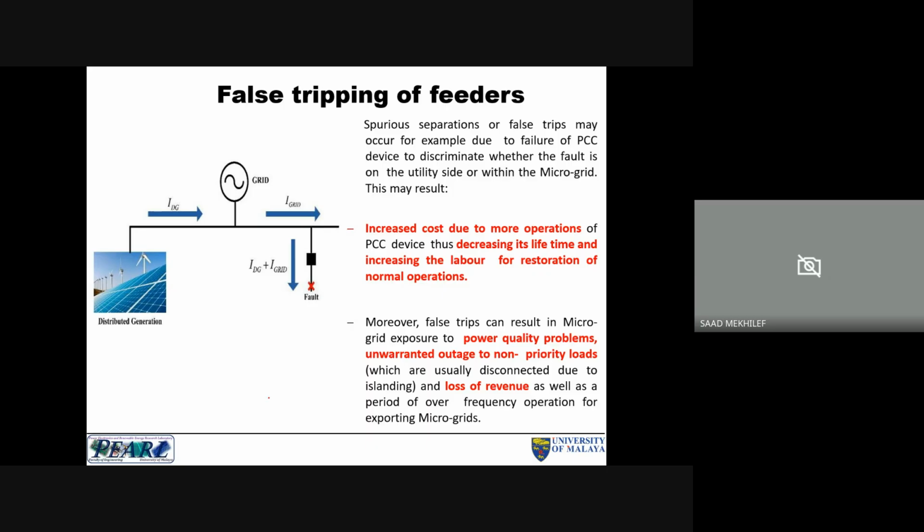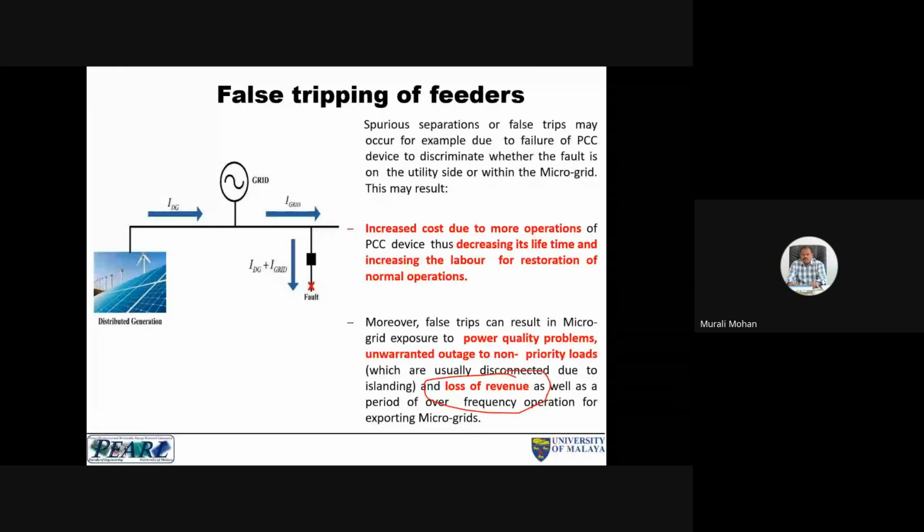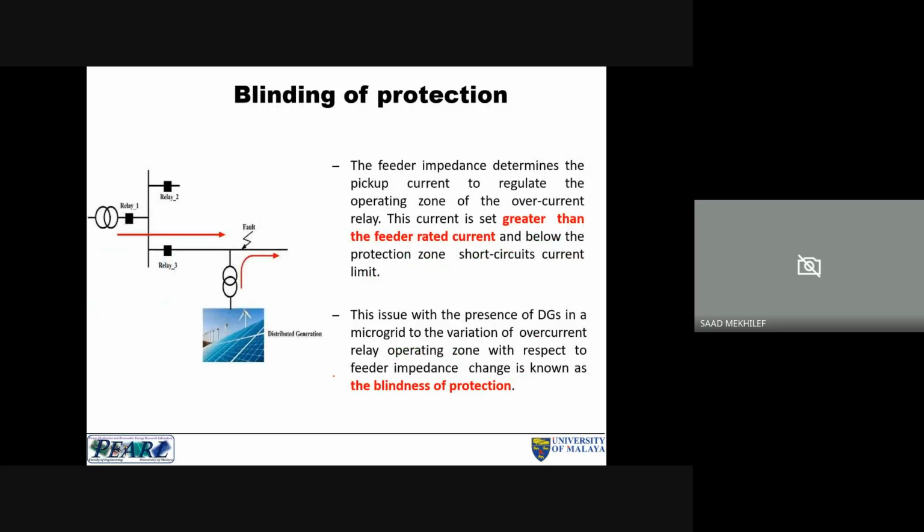Moreover, fault trips can result in microgrid exposure to power quality problems. So sometimes we have false tripping due to different reasons, in different parts of the circuit, and it may lead to loss of revenues.